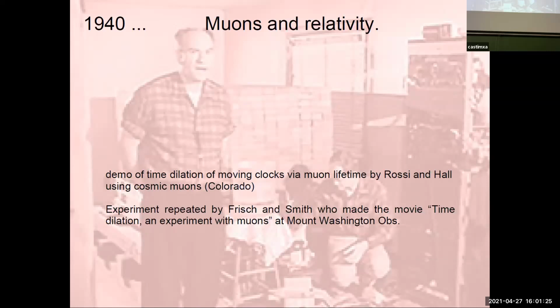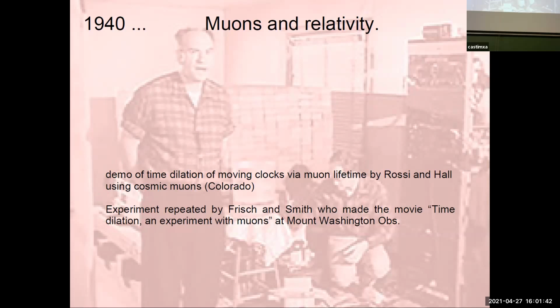If you have cosmic ray muons streaming down, they're like moving clocks, and you can measure the lifetime of moving clocks. They're moving very close to the speed of light.